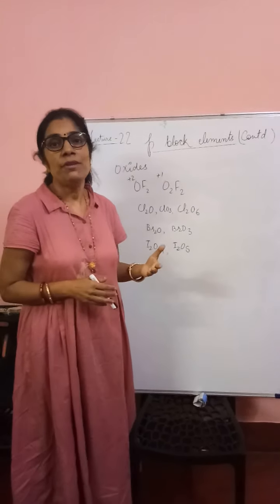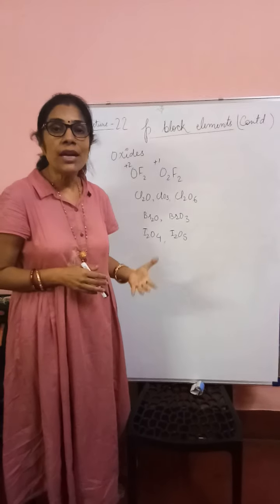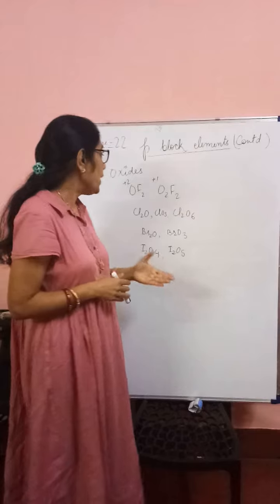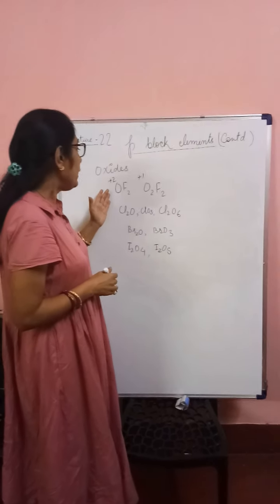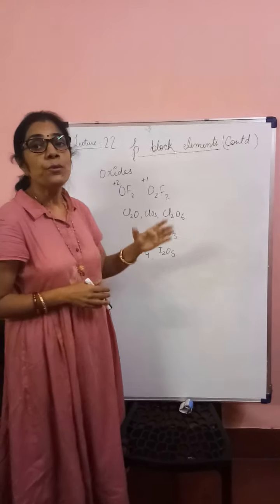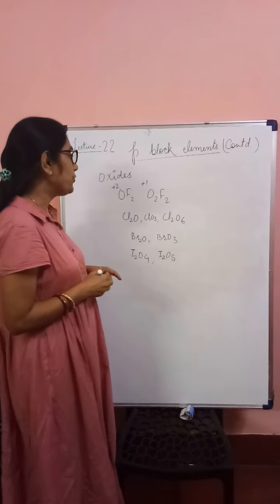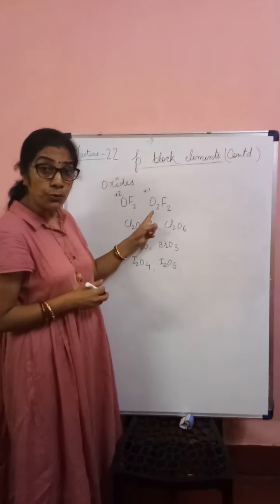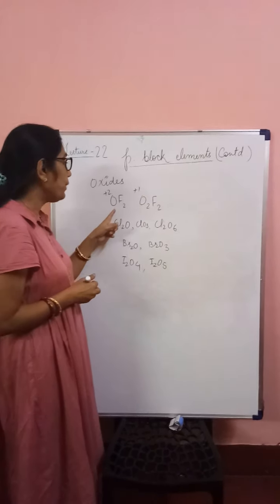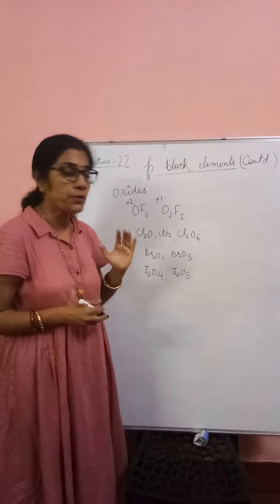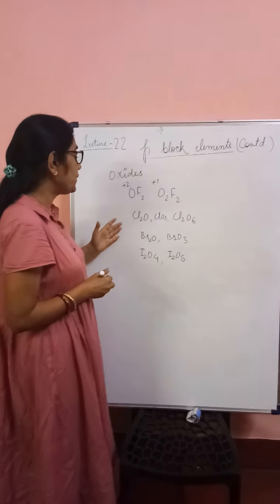Last class we discussed the hydrides of group 17, that is halogens, and then oxides. We saw that the oxides of fluorine are known as fluorides rather than oxides, because fluorine is more electronegative. It forms two compounds, O2F2 and OF2, where fluorine is in the -1 and oxygen is in a positive oxidation state.